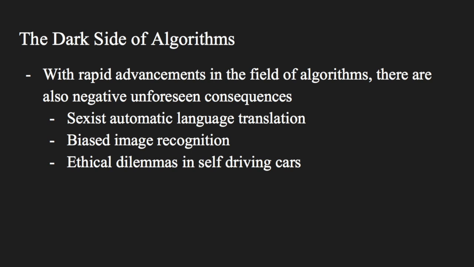We could have biased image recognition. So there's issues with this, with people of different ethnic origins being recognized differently or not being recognized at all as people, and this can even lead to ethical dilemmas.